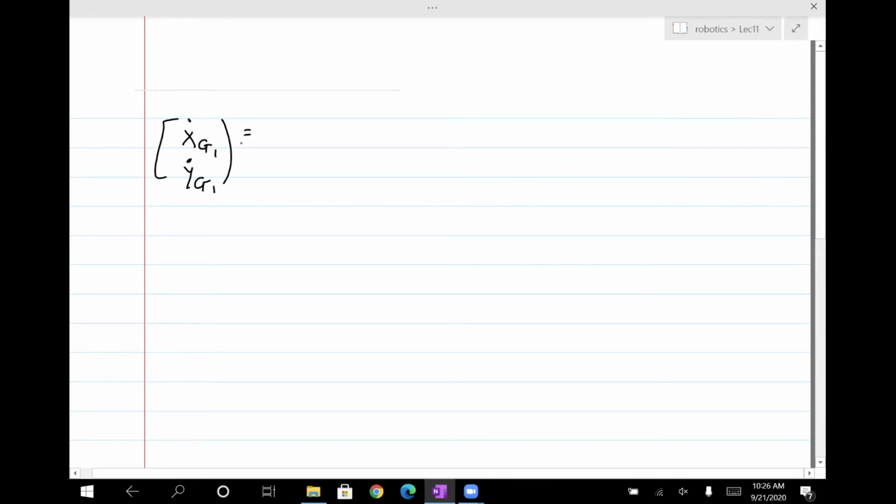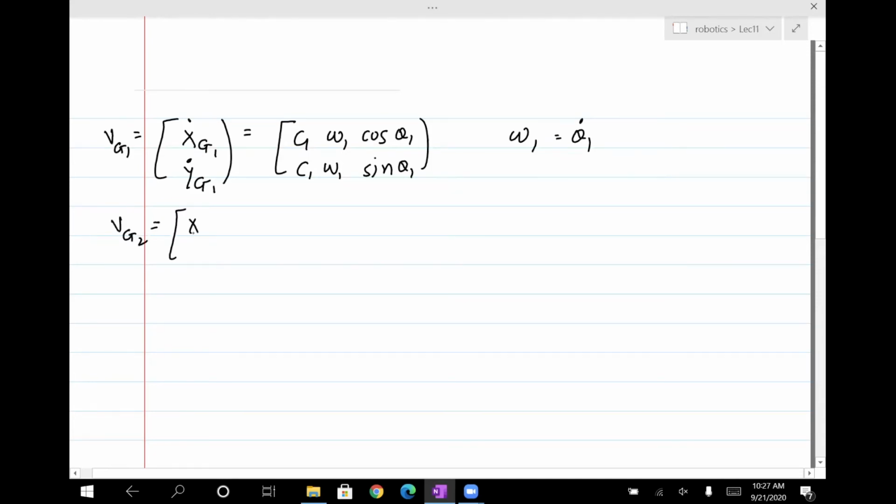So that is simply, let's call this VG1 equals C1 omega 1 cosine theta 1, C1 omega 1 sine theta 1, where I wrote down omega 1 to be theta 1 dot. So you'll see that it'll become a function of theta 1 dot. And then VG2 is xg2 dot, yg2 dot.